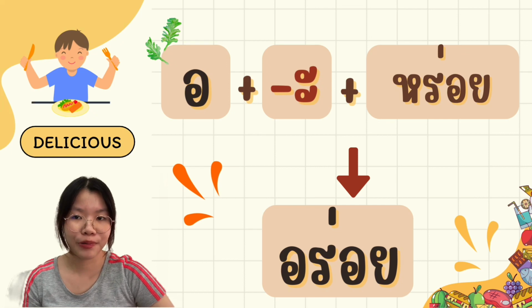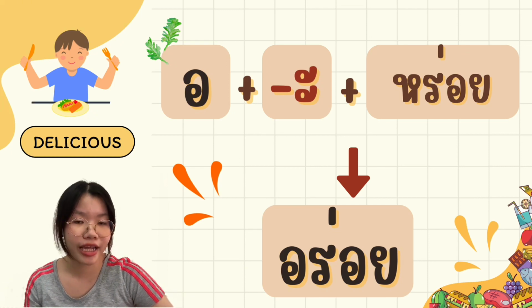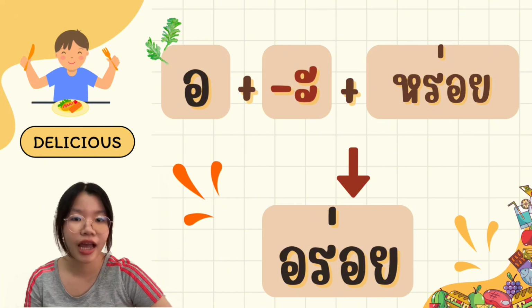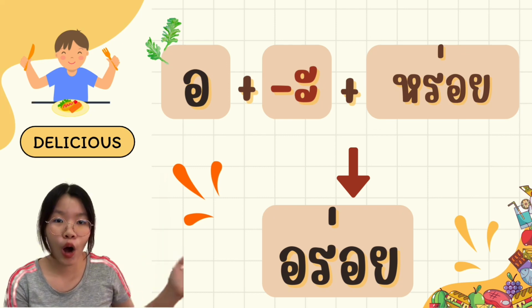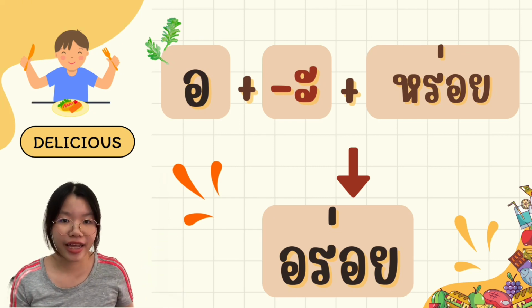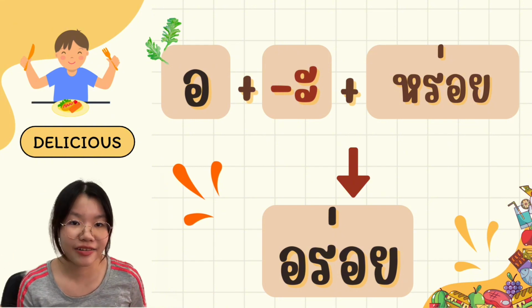For example, อร่อย, which means delicious. Repeat after me. It means delicious and you will see the inherent vowel.